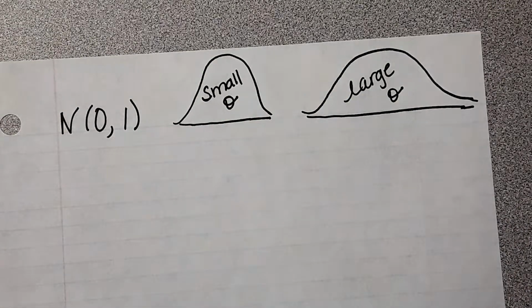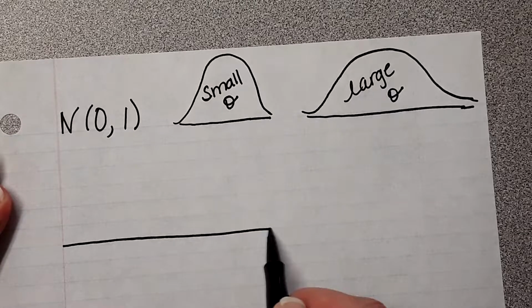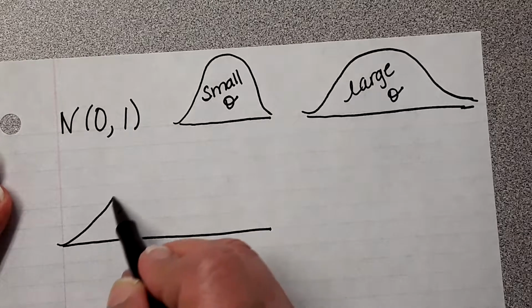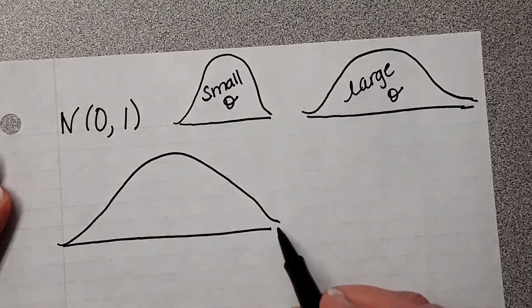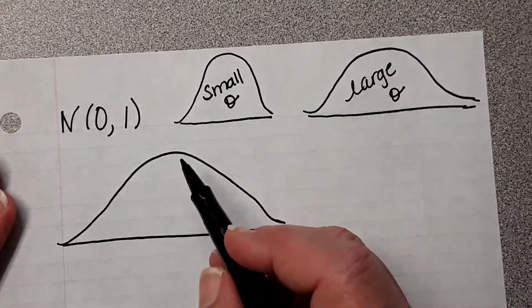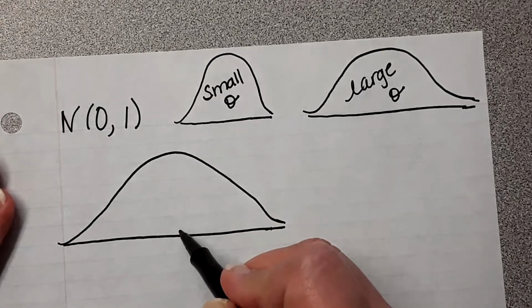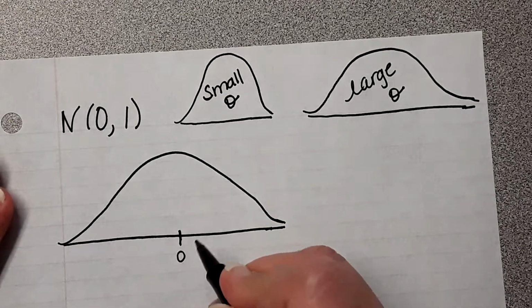So we're going to start with one of our normal curves. I'm going to kind of make it mound shaped and flat instead of tall and thin. We're going to put the mean in the middle. The mean always goes in the center.